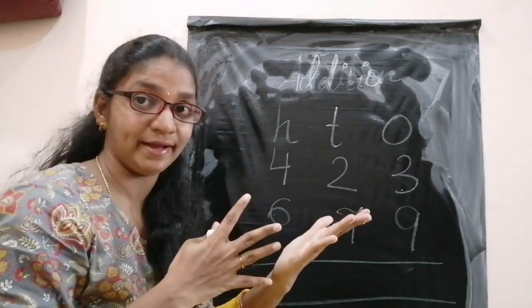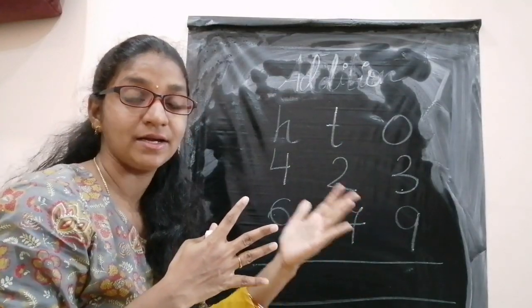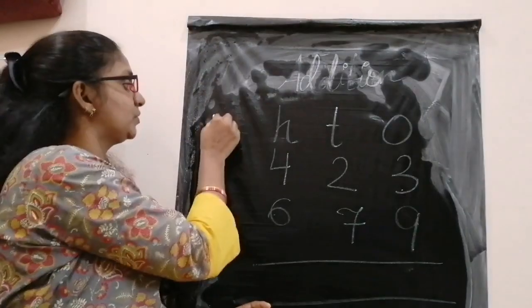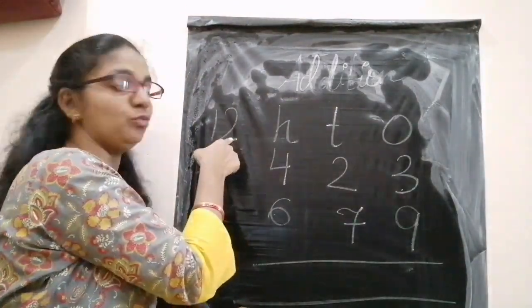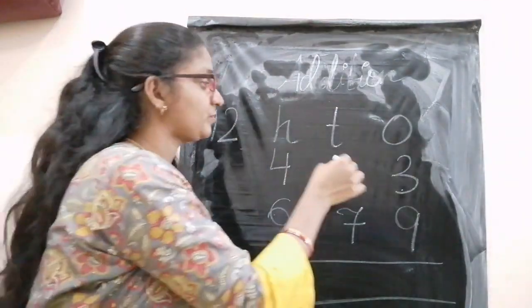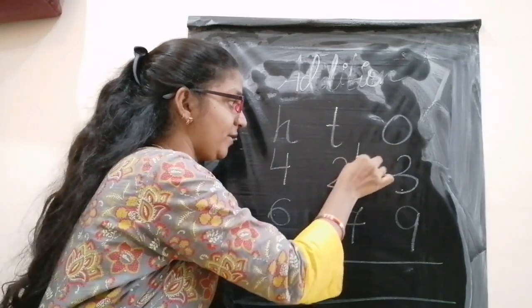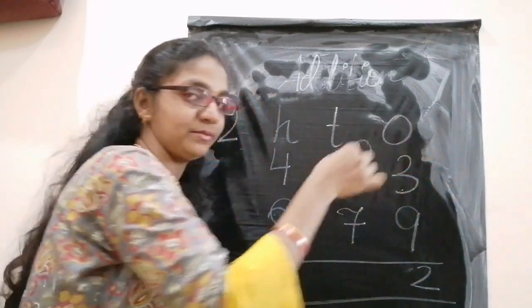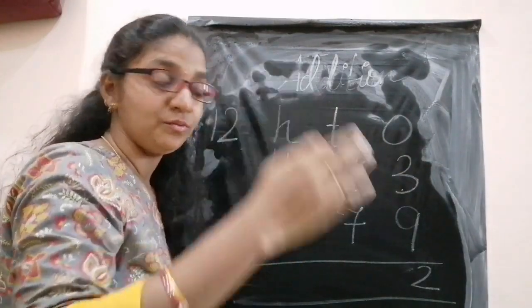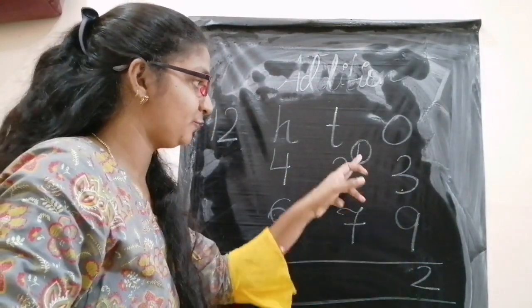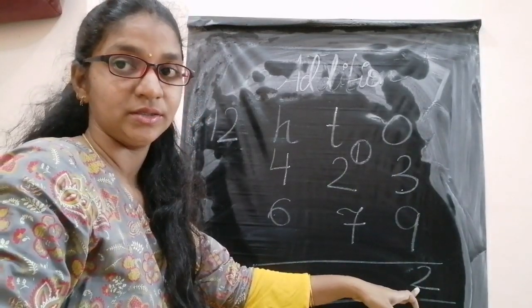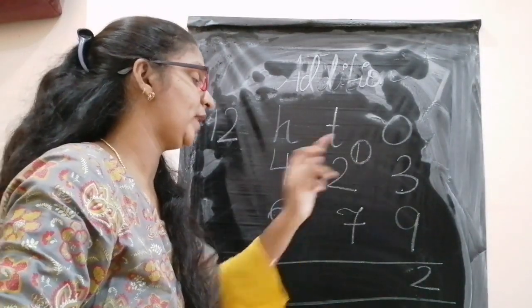It is more than 10. 3 plus 9 is 12. So 12 is written as 1 and 2. So we have to carry 1 here and write the 2 here. Okay?